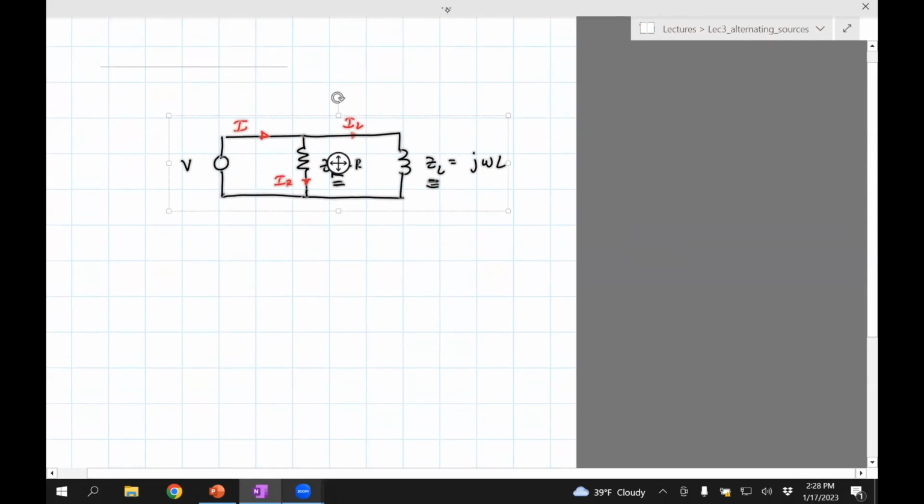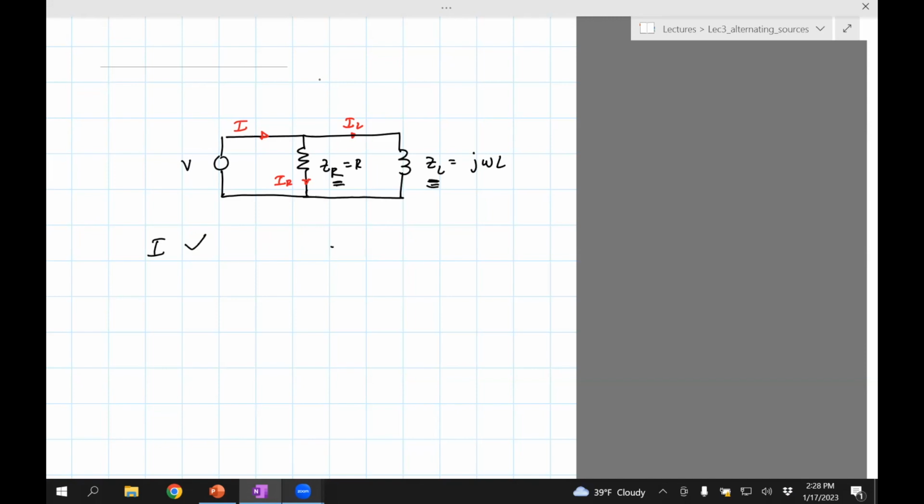Okay, so far I've computed the current I. That's known. Now I could technically write the KVL and compute what IL and IR are, but I can instead use the current divider rule.